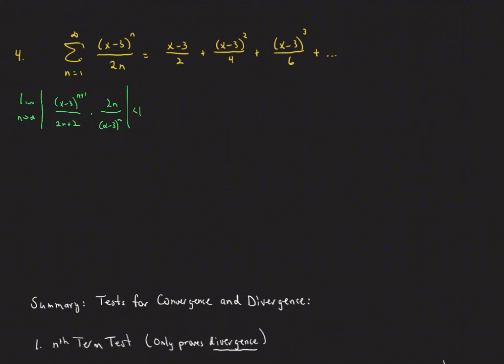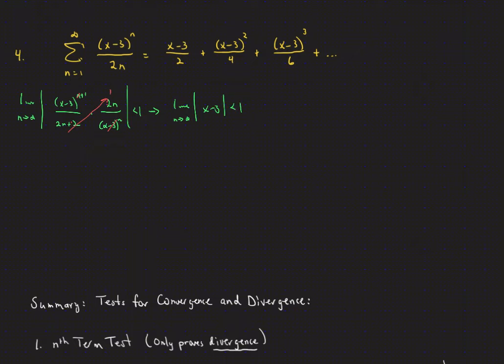And we're trying to find where that is going to be less than 1. So those are going to cancel. The 2n over 2n plus 2 as n goes to infinity is going to go to 1. So we're going to get our limit as n goes to infinity. And all that's left is, what do we have left? Just the x minus 3, I think, which we want to be less than 1.